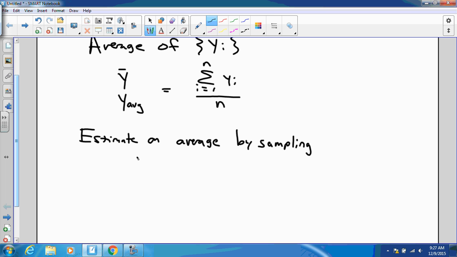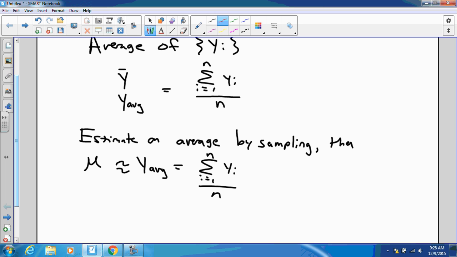By sampling, and then I'm going to say that my y average, in statistics you probably use mu for the average of the population, and you would use y average, or y bar, for the sample, right? And so then we have y average is approximately equal to the true population mean.